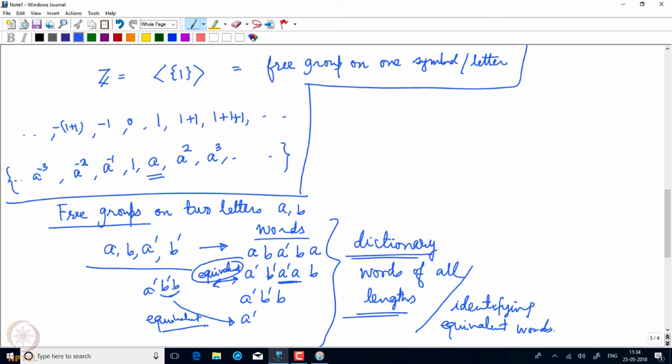Okay. So what do I have now? I started with just two letters, A and B. I put two more letters, A prime, B prime, and A prime was introduced so that A prime can act as inverse of A, and B prime was introduced because we wanted something to act as inverse of B. And keeping that spirit, we created the definition of equivalent, so that whenever B prime B, or A and A prime come together, I collapse it.